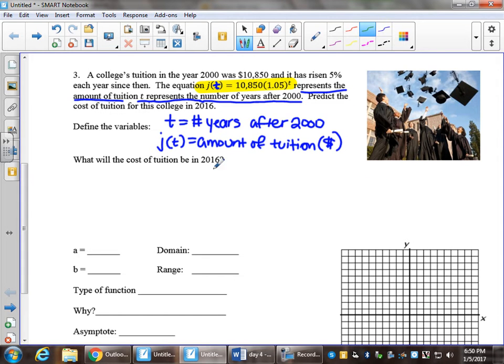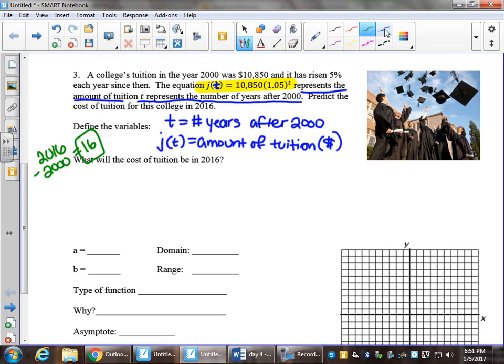We have to be careful. Sometimes we jump to plugging in this number. But if I look at how I defined T, T is the number of years after 2000. So off to the side, we have to do 2016 minus 2000, and that gets us 16. 2016 is 16 years after 2000.